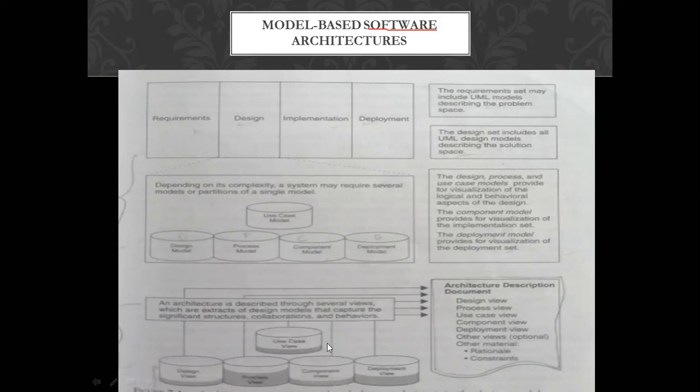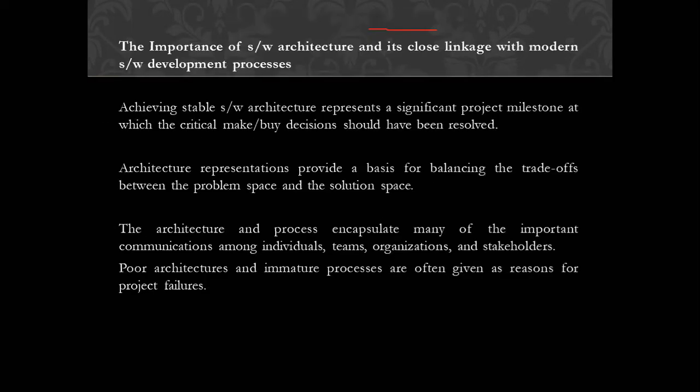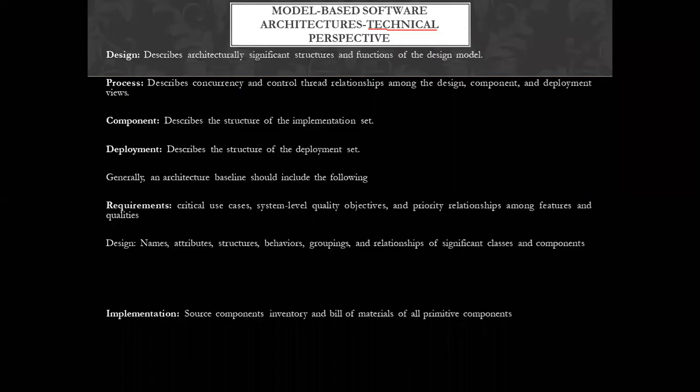And here one is the use case view. So this is the model you can utilize. This diagram you can utilize in your technical course. Now I'm moving to the explanation of our technical perspective. Different views are there that you have to remember.